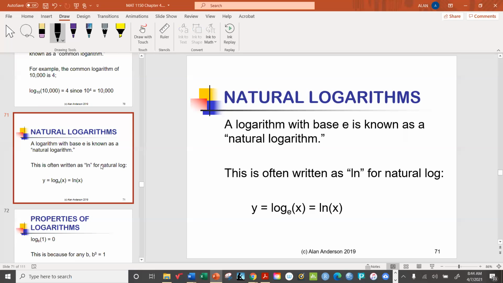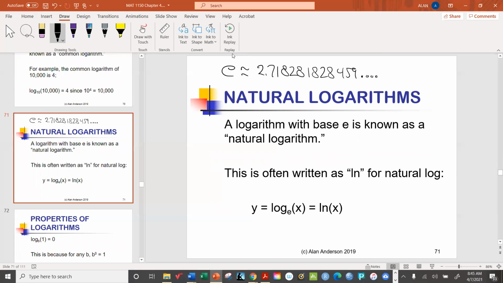There it is. e is approximately equal to, let's see, 2.71828 1828 459. It goes on and on forever.